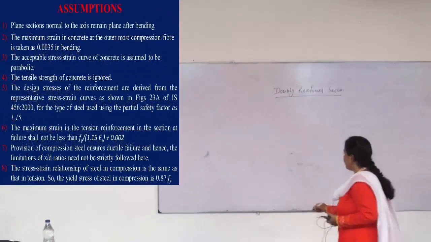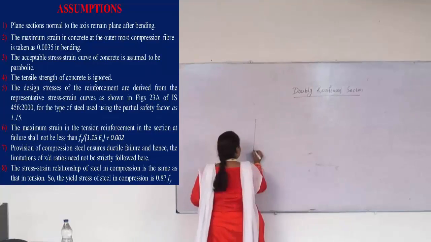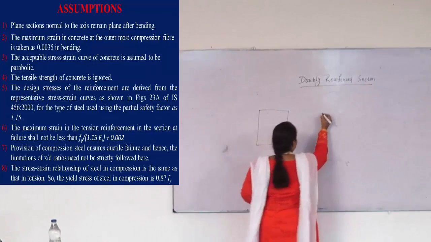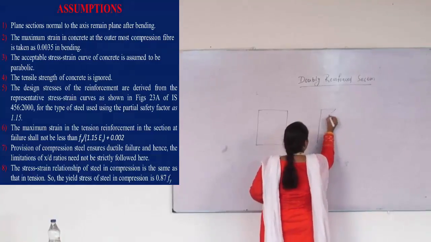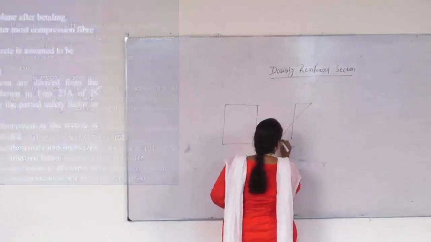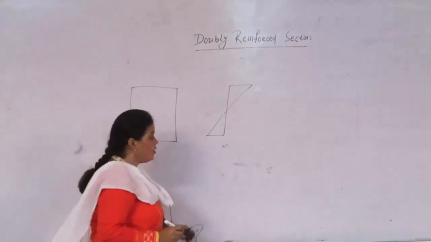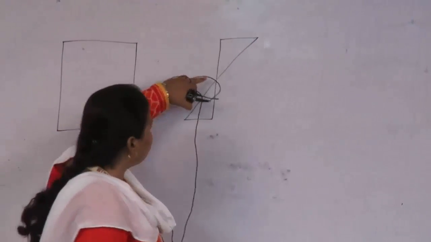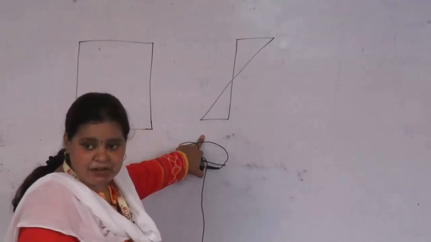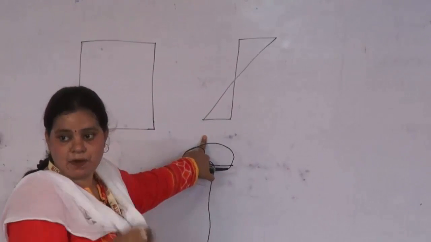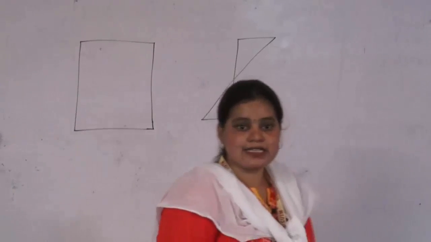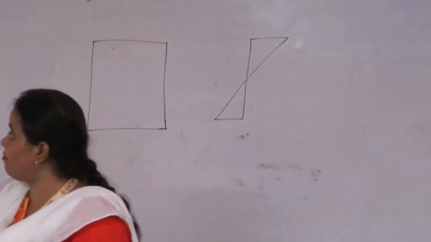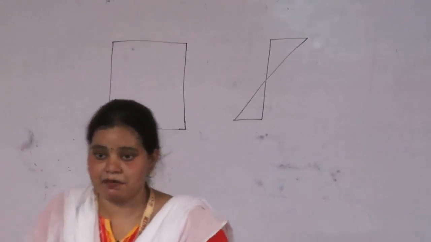This means if there is a section and I draw the strain diagram like this, then from the neutral axis to the extreme compression fiber, or from the neutral axis to the extreme bottom tension fiber, the strain varies uniformly. That is called a plane section, normal to the axis, remaining plane after bending.